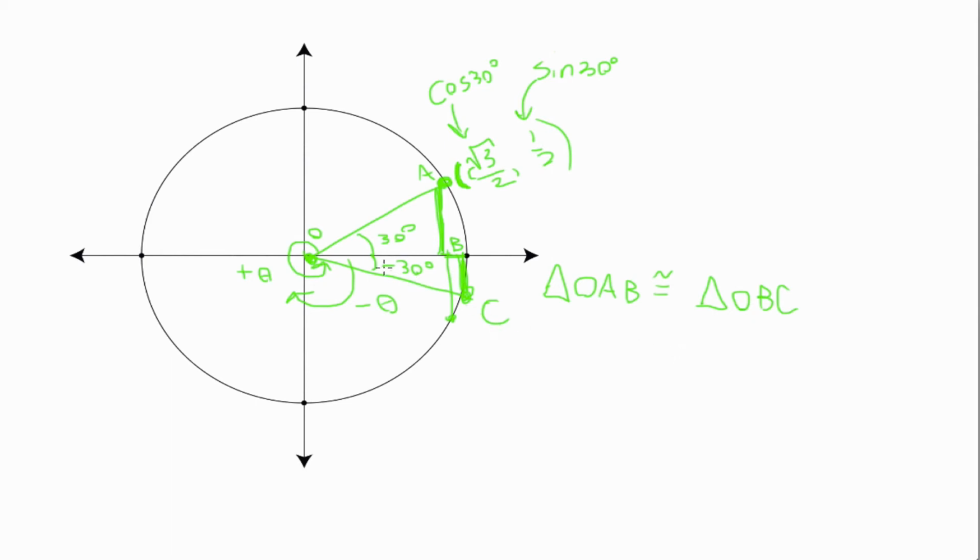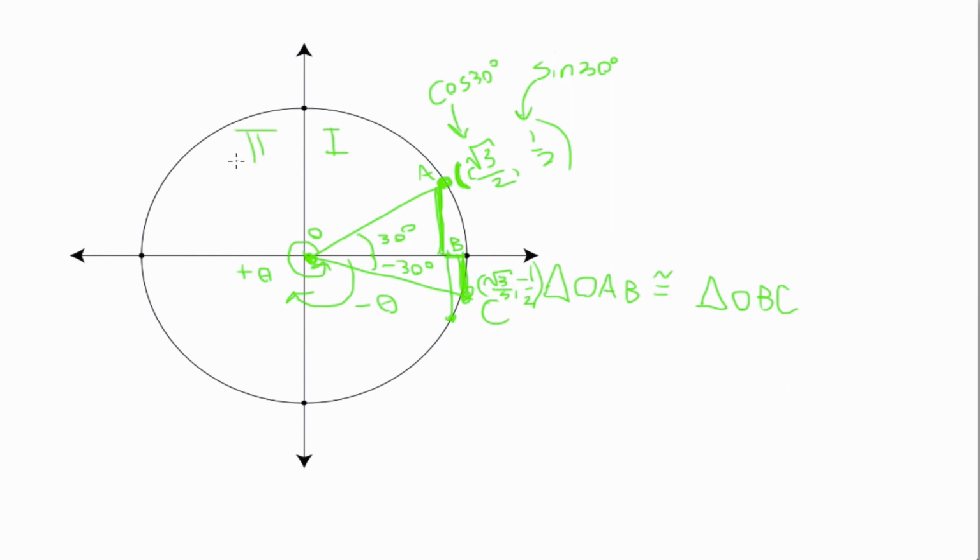Except that this angle is going downwards, so the y coordinate will just be negative. So we'll have the normal square root of 3 over 2, and negative 1/2, because we're just flipped. So if we go in negative degrees, we're going to have this, right? You know the quadrants, 1, 2, 3, 4.